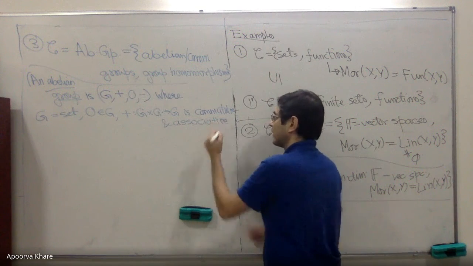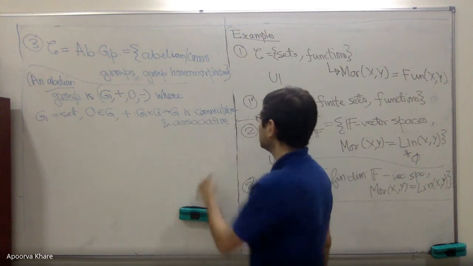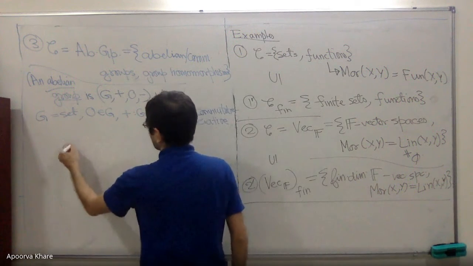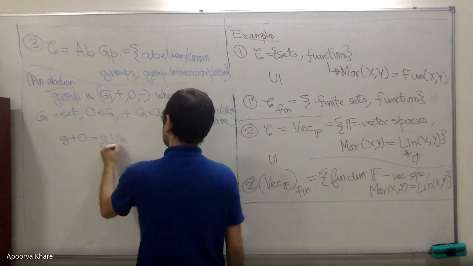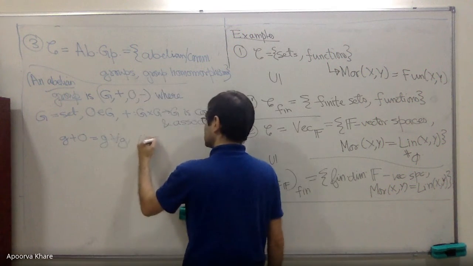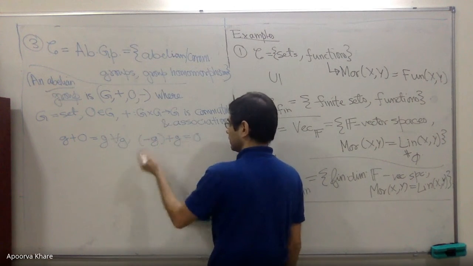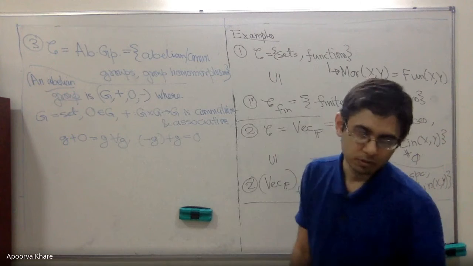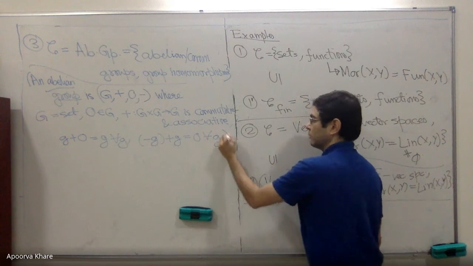I have already defined what these mean on the first day of class in the field axioms, so I will not do that again. And minus is the inverse. So G plus 0 equals G for all G, and minus G plus G equals 0. Minus goes from G to G. This is called an abelian group.